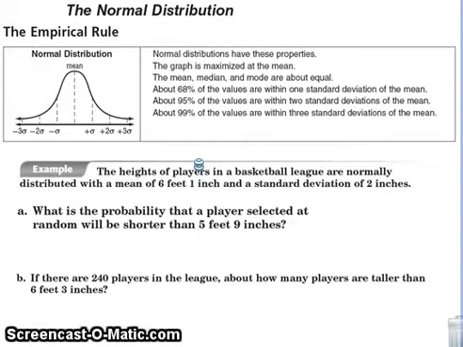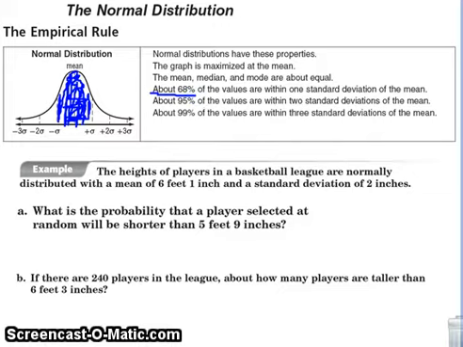It's going to be right in the middle. And if we go 1 standard deviation to the right and 1 standard deviation to the left, 68% of our values are within 1 standard deviation. This is 68% of our data.